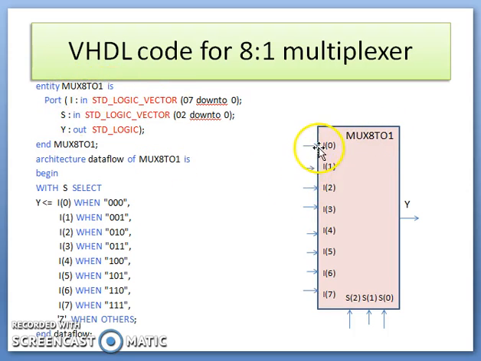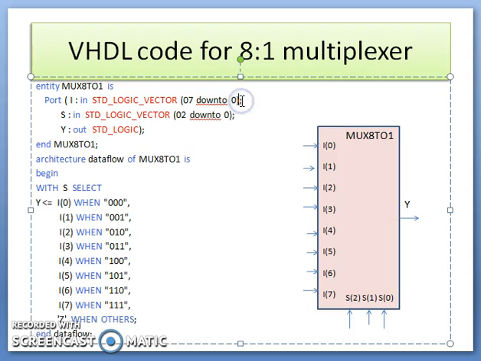Now these input pins are 8 input pins which have a common name. It is a group of 8 pins. To that group we have given the name I for input. Its direction you have to mention. In direction, its type is STD logic, and as there are 8 pins, you have to write 7 down to 0.